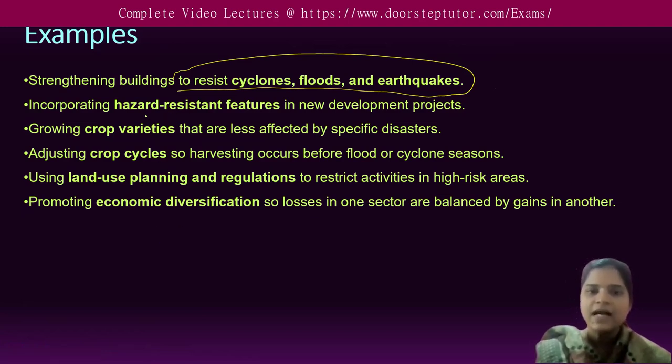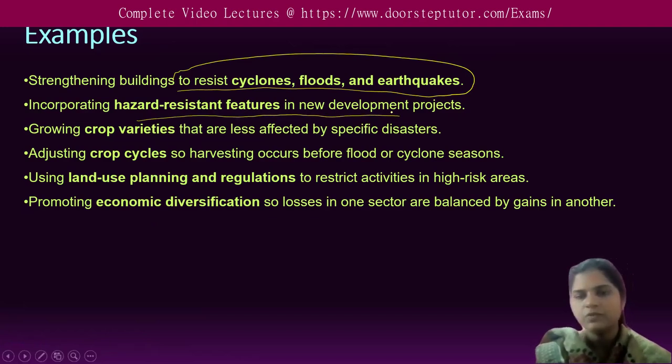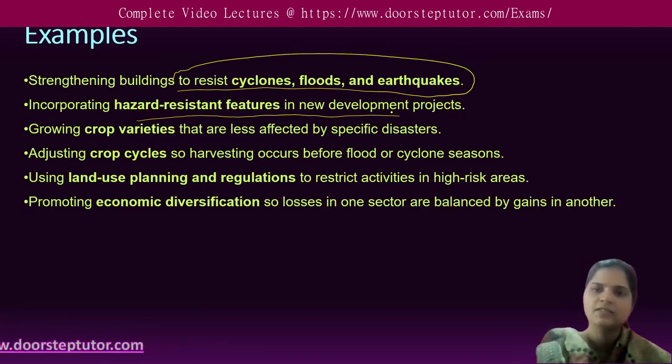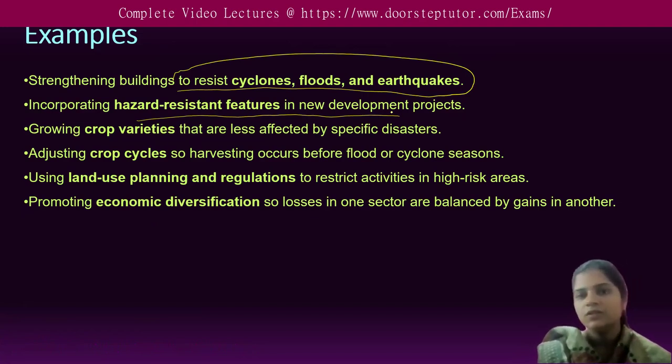Then hazard resistant features we can include in further development projects. That's why environment assessment and disaster assessment aspects are generally considered whenever we take new development projects, so that the impact can be minimized.